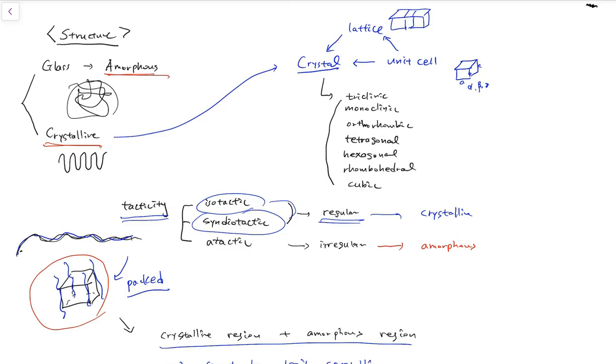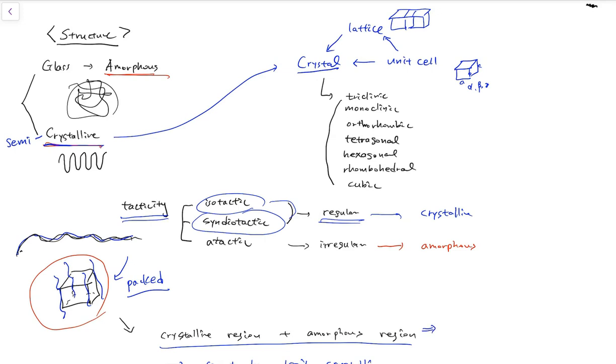So let's go back to the previous section, that polymers basically can be either amorphous or crystalline, but even crystalline polymers are not 100% crystalline, so we say semi-crystalline. Okay, all right.